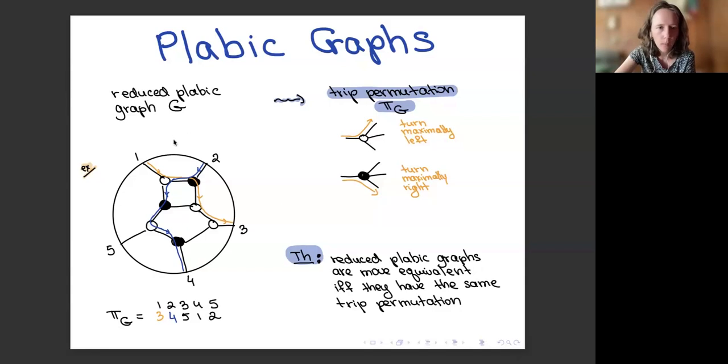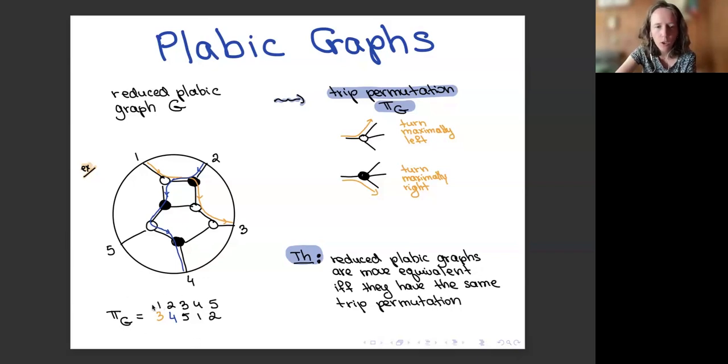In my example, if I start at this boundary vertex, I follow the edges of the graph. I go here, I hit a white vertex, and then I turn maximally left. Then I see a black vertex, I turn maximally right. I see a white vertex, I turn maximally left and left again, and I arrive at vertex 3.